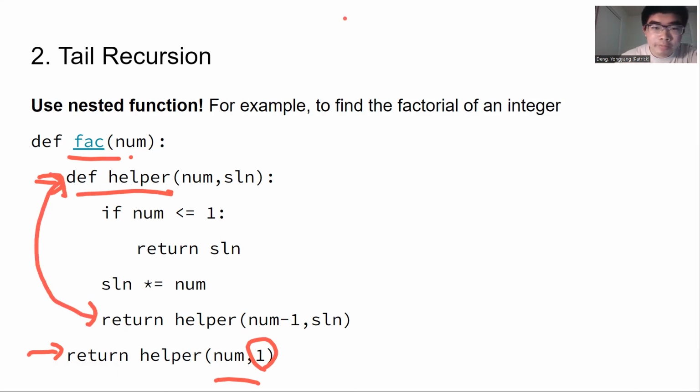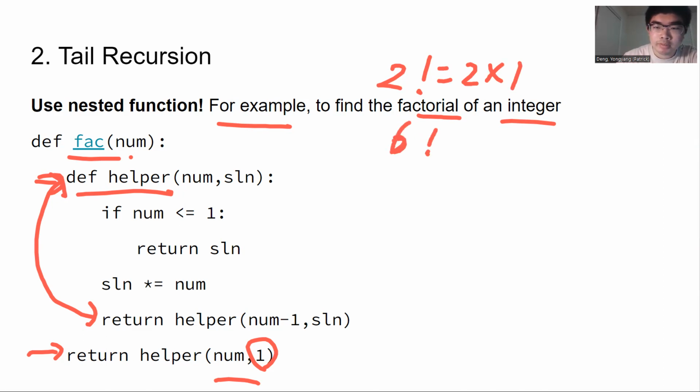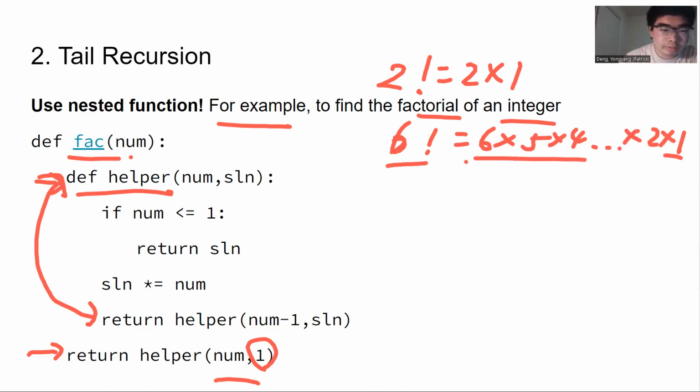For example, here we find the factorial of an integer. Factorial means that 2 factorial is 2 times 1, and 6 factorial is 6 times 5 times 4 until I hit times 1. So this is the factorial of an integer.